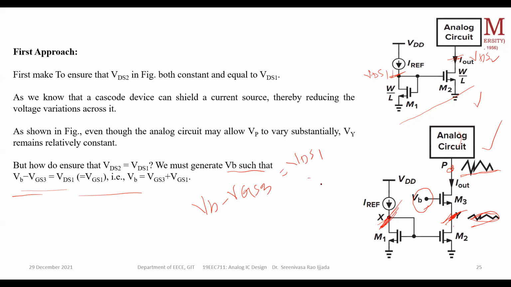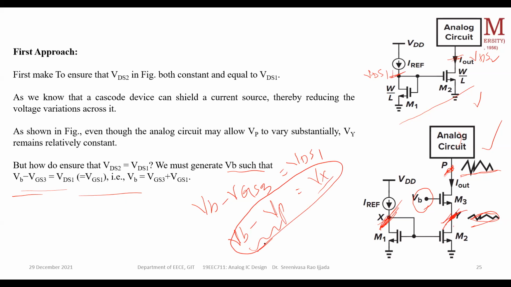So Vx is equal to VB minus VGS3. Which means this subtraction must be constant. That should be the Vx. Then if it is constant, this will be constant and it will be the same.